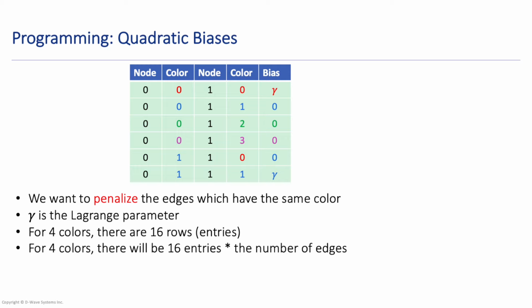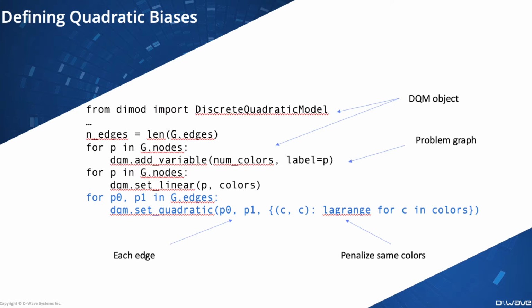And so what we're trying to do here, basically, if we join it in with the constraint that we put on the linear biases, we're trying to get it to use as few colors as possible, but also not have neighboring nodes have the same color. So hopefully you get the idea. And what is this going to look like? But first, before we do that, let's look at how we would program this.